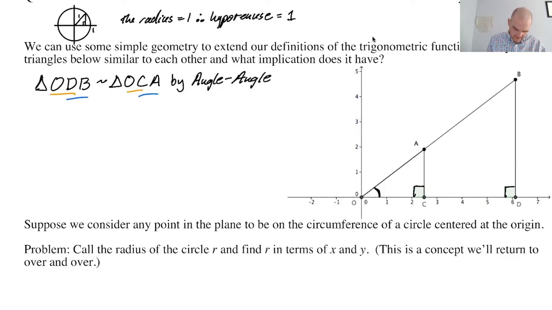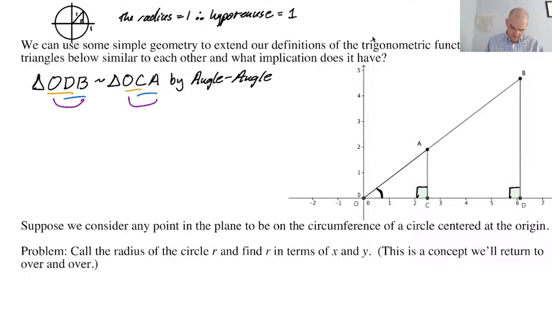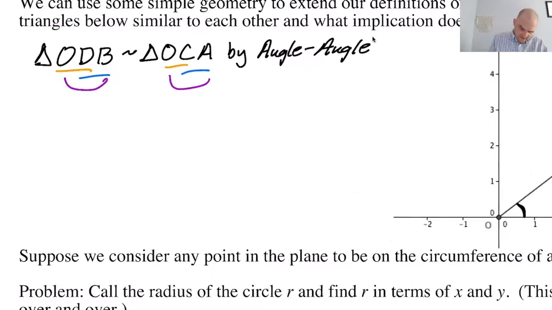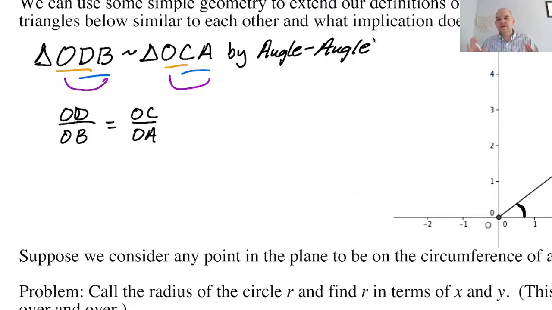How do I get the other one? Those are going to be in proportion. So you look at it and the hypotenuses are OA and OB. If I do OD divided by OB, that's definitely going to be the same as OC divided by OA, guaranteed, because of similar triangles.